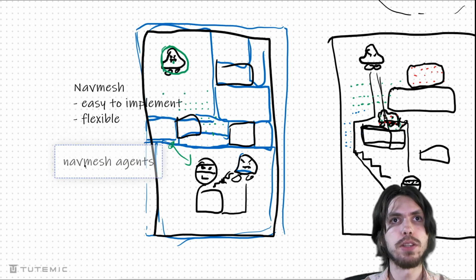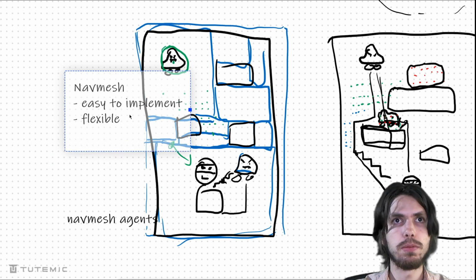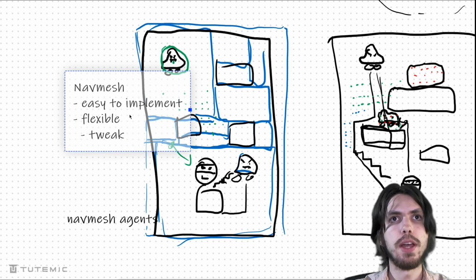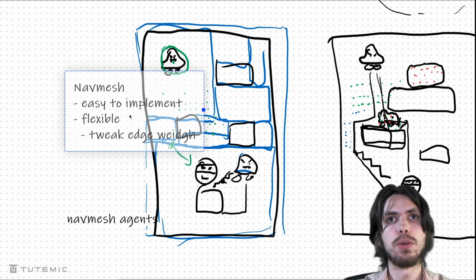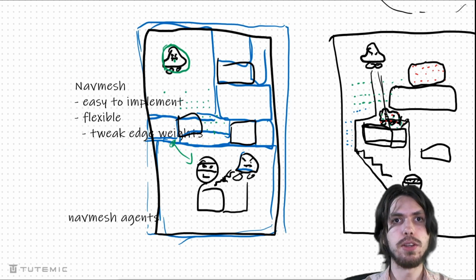So when I say it's flexible, I mean that you can do some cool stuff. You can sometimes tweak edge weights. When I say edge weights, remember I'm talking about costliness. So in your navmesh, depending on the game engine, you can say this area is more costly, or this area is more costly.